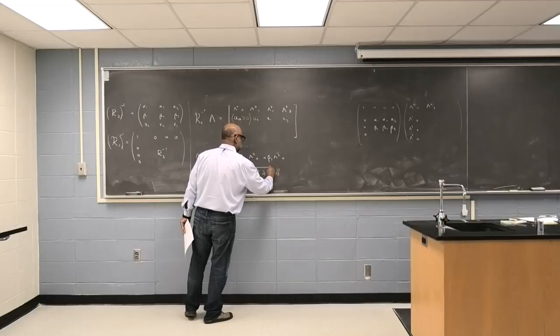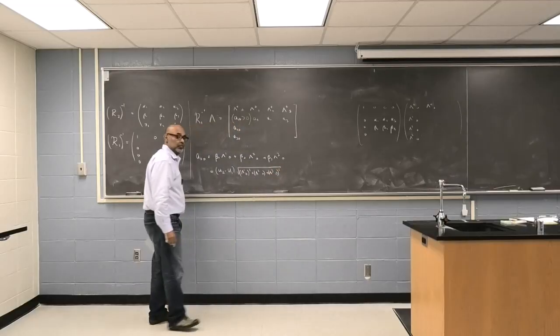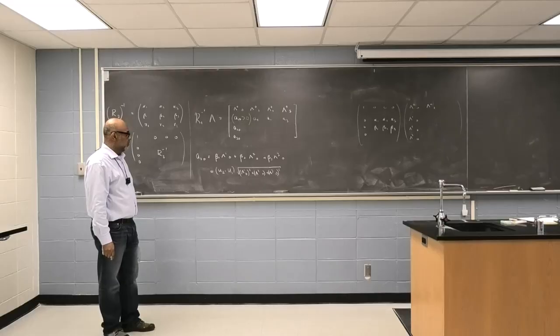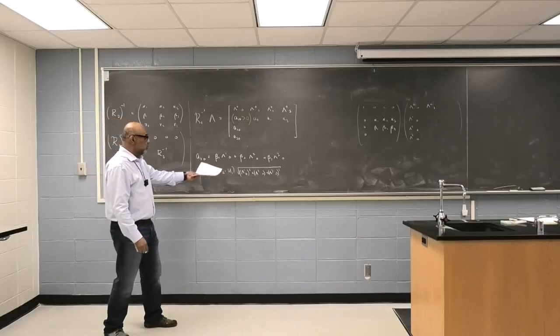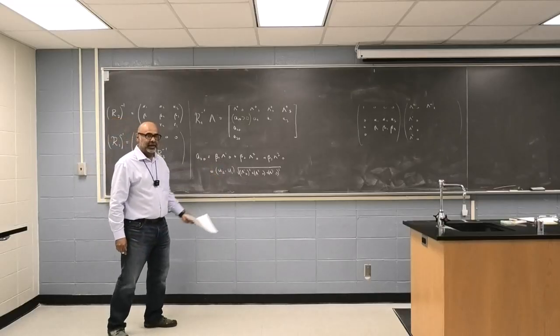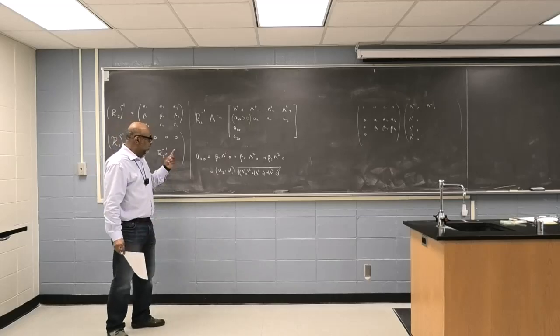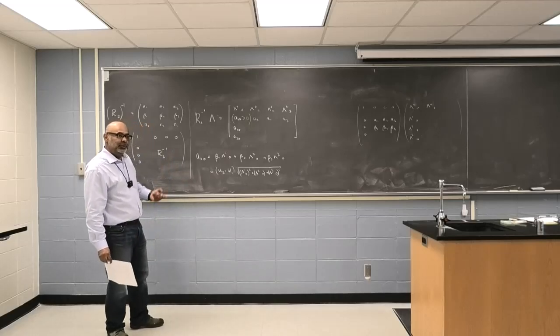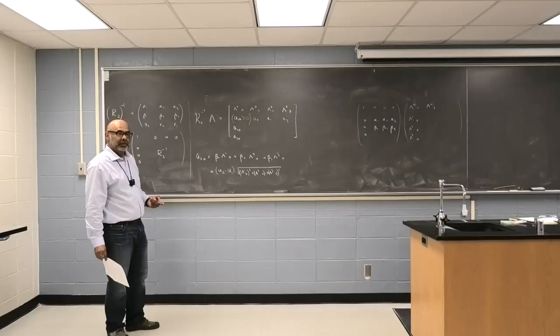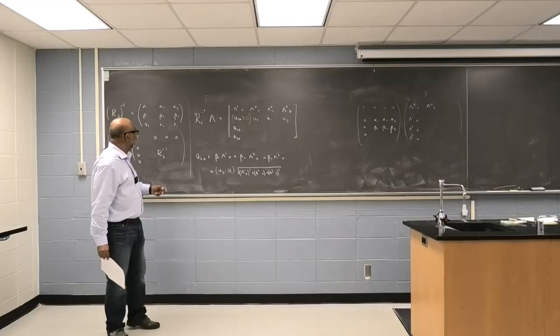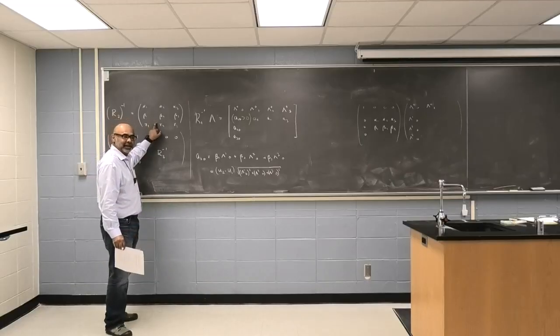Is that correct? Yeah, because U1 had those things in the denominator, I didn't have that over here. But guess what? U1, U2, and U3 are mutually perpendicular. That's how we picked these guys.